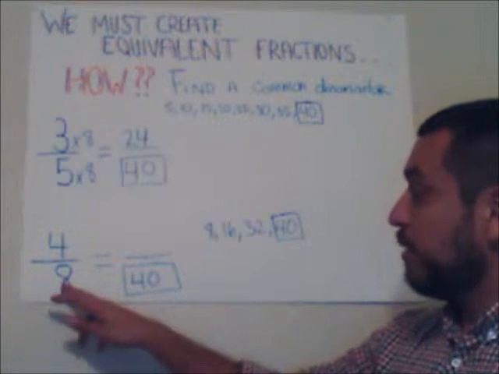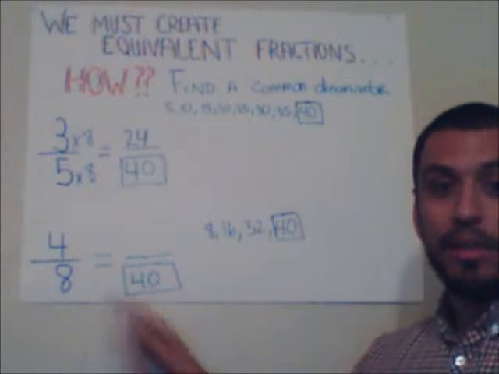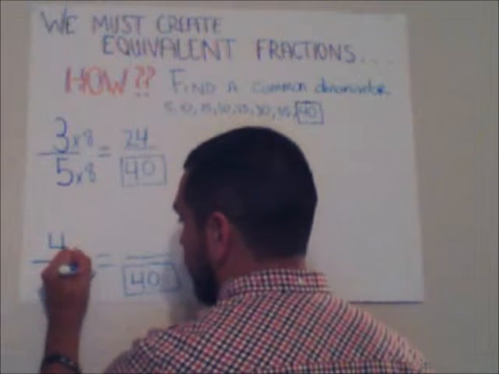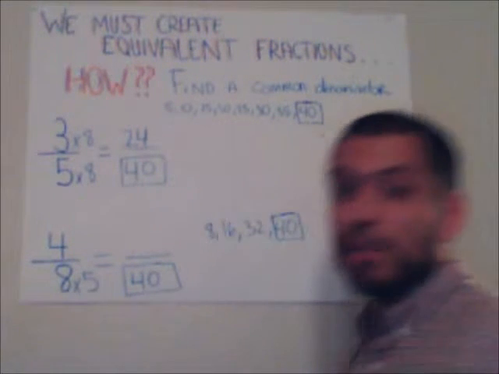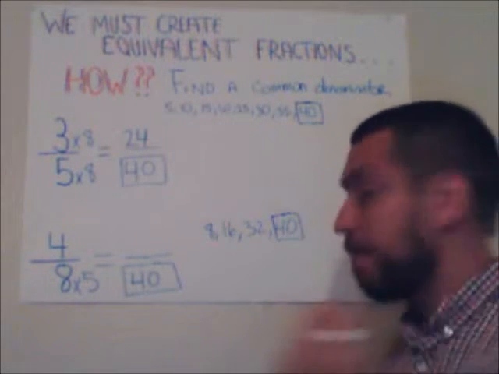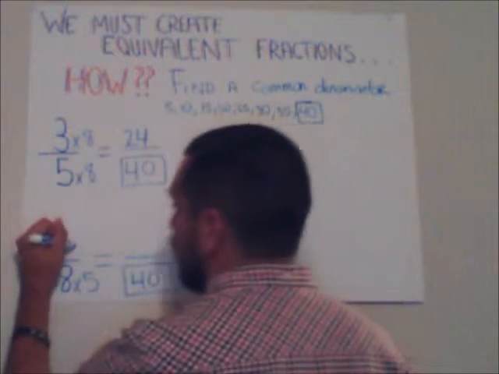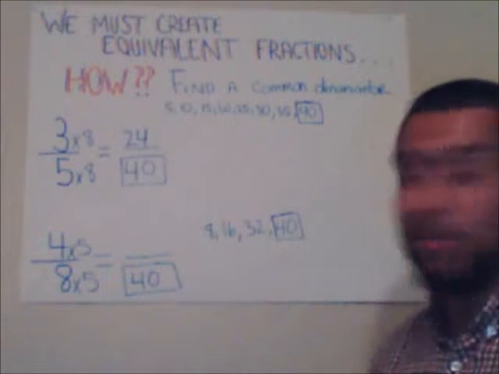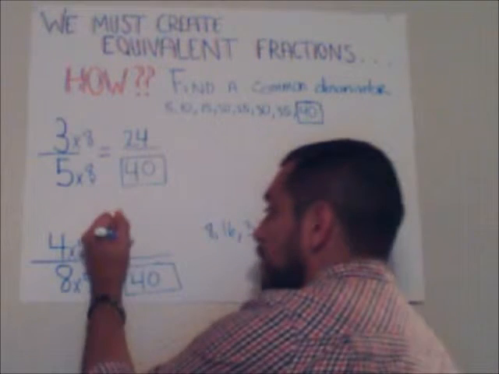All right. Now let's go ahead and move on to 4/8. And we have 8 times what is going to give us 40? That's going to be 8 times 5. And again, what we do to the bottom, we must do to the top. Okay, so 4 times 5, and that's going to give us 20.